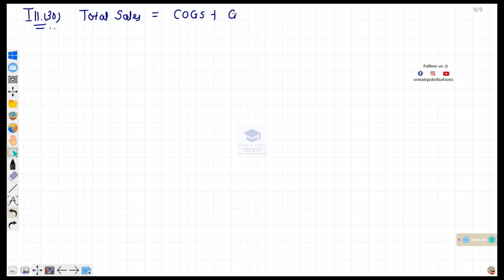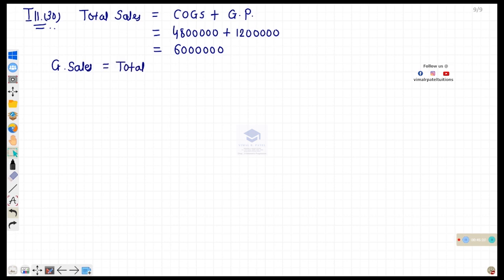That is cost of goods sold plus gross profit. 48 lakh plus 12 lakh. 60 lakh total sales minus cash sales 12 lakh. So credit sales 48 lakhs.